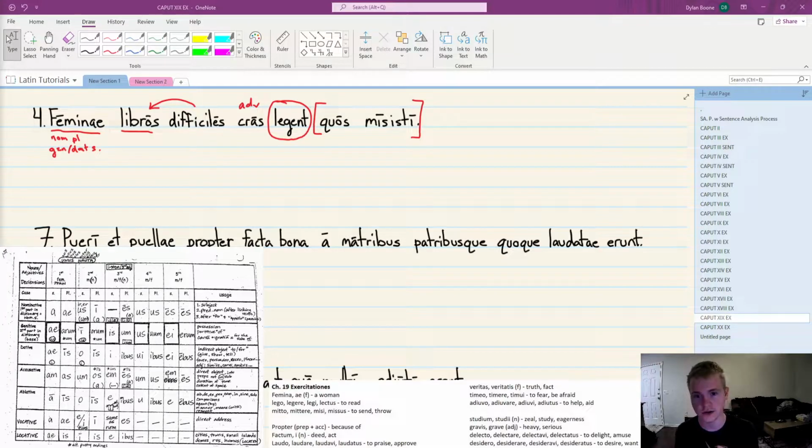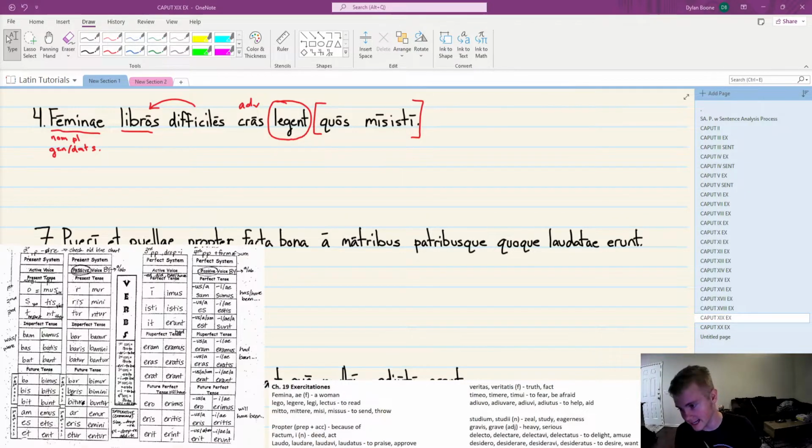So with third conjugation we need to look out, because on the verb chart, adding an ENT is different than adding an NT. On the verb chart in the bottom left here, you should see adding an ENT to a third conjugation verb puts you in the future tense, not in the present tense. So adding that ENT puts us in the future tense.